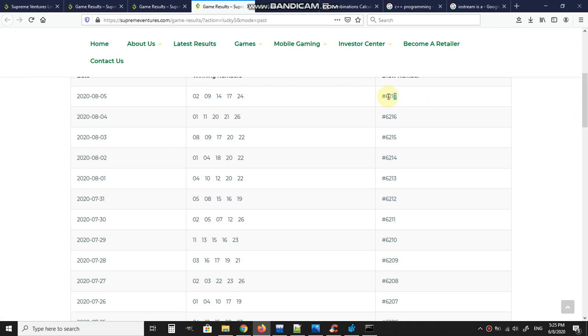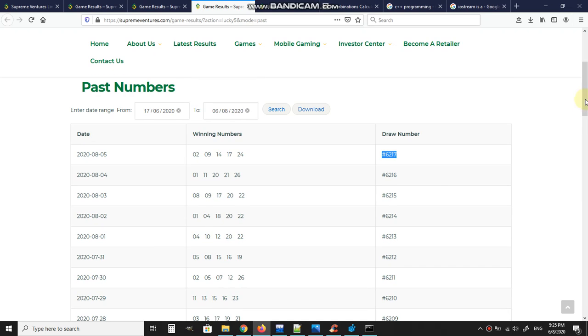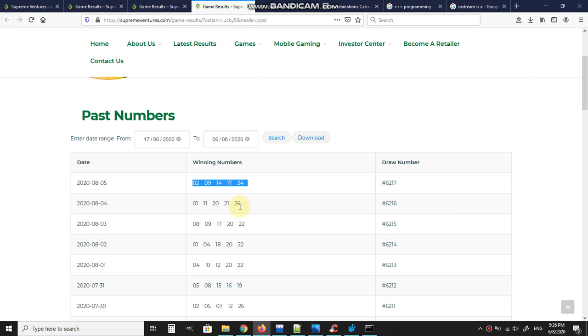This draw is draw number 6,000, so you have 6,000 numbers to see the pattern of their data, of the randomness of their games. And this is what our program will use to refine itself to be more predictive, to find a pattern, to see what is the best way to approach winning the actual game.